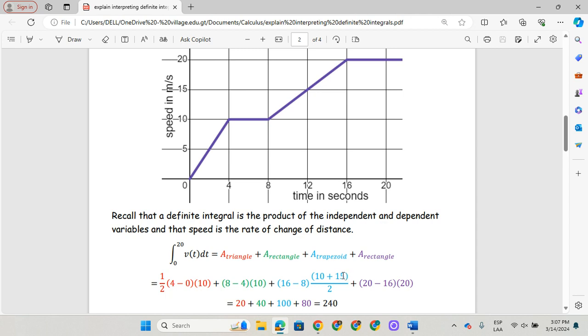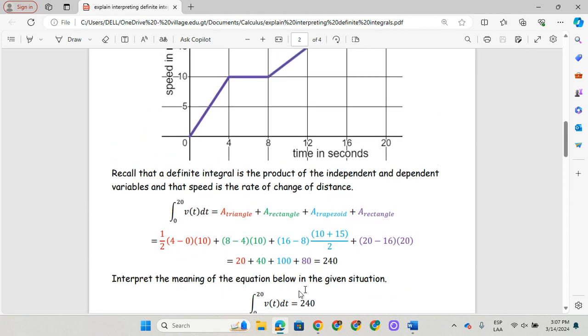This should be 20. So 10 plus 20 divided by 2, that's 15 times 8 is 120. My answer is wrong. It's 120. Yeah, mistakes happen. Plus the area of the rectangle, the base is 20 minus 16, 4 times the height of 20. Okay, and that happens to be 20 plus 40 plus 120 plus 80. The total would be 260, not 240.